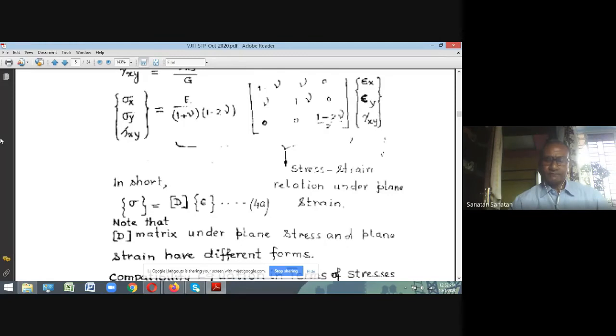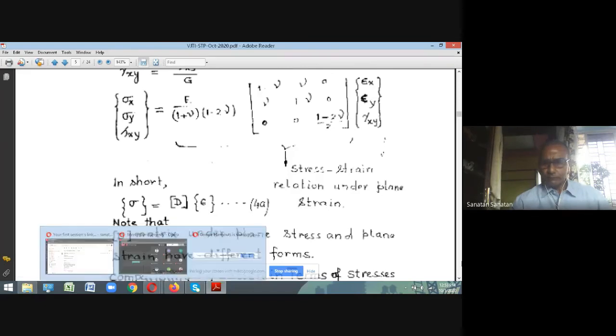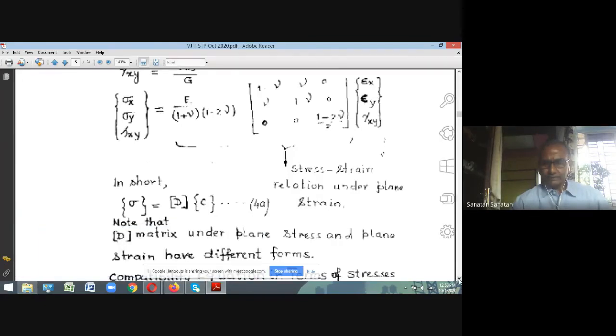And this stress strain matrix looks like this: E by (1 plus mu) into (1 minus 2 mu), and the matrix inside is [1 minus mu, mu, 0; mu, 1 minus mu, 0; 0, 0, (1 minus 2 mu) by 2]. So that's what it is. And this is the stress strain relationship in the case of plane strain.